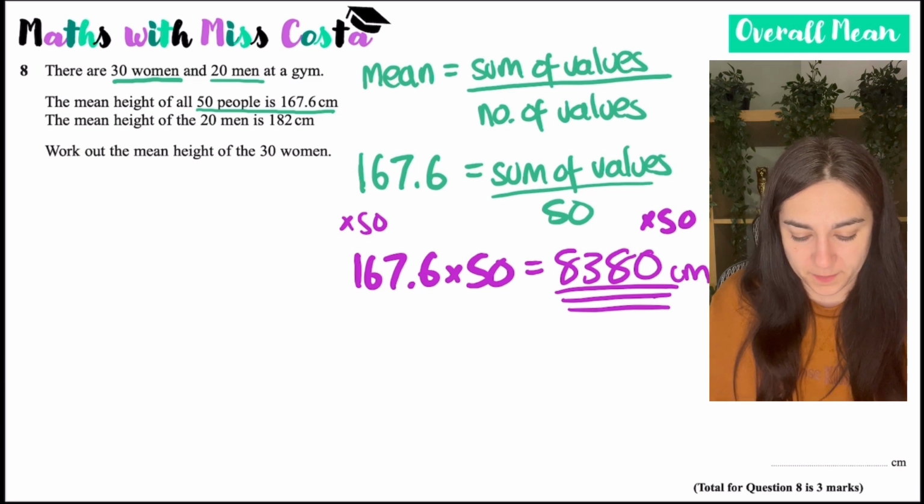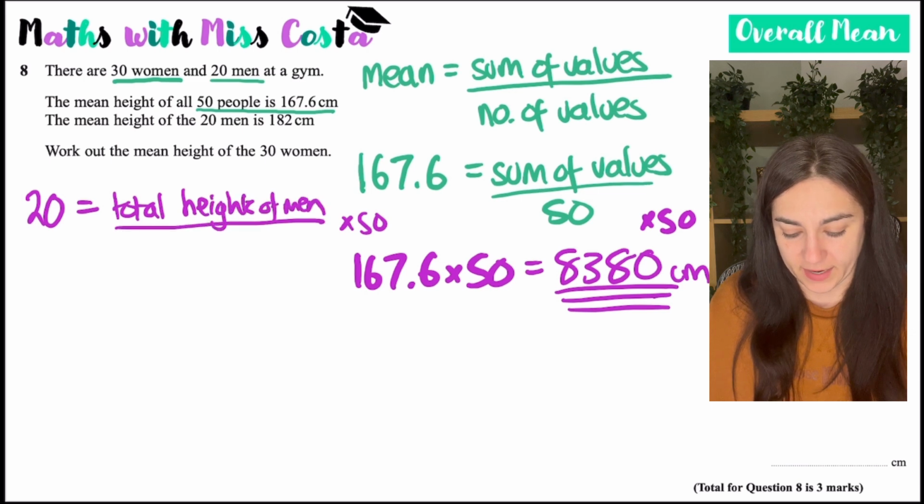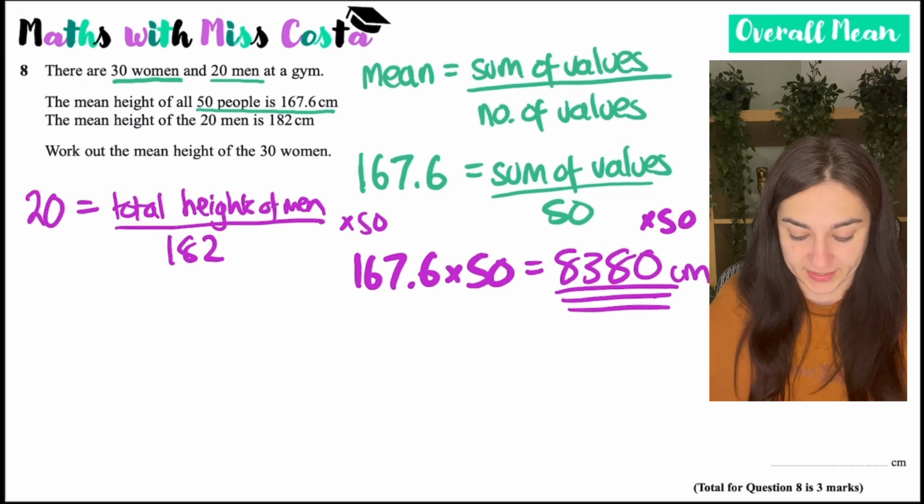Now I'm told that the mean height of the men, so once again, mean is the sum of the values, so the total heights of men, divided by 20, equals 182. So how could I work out the total heights of the men?